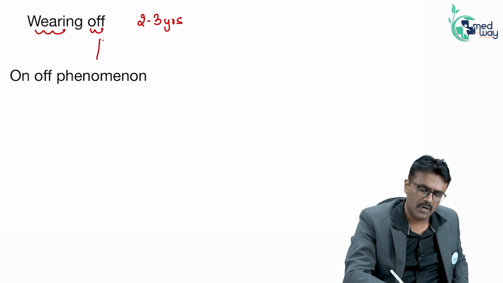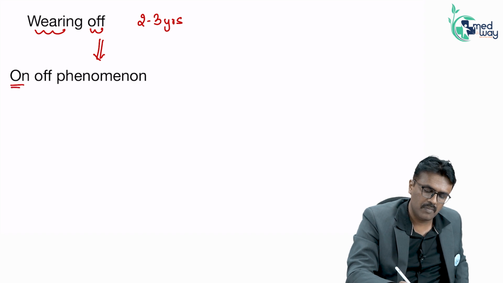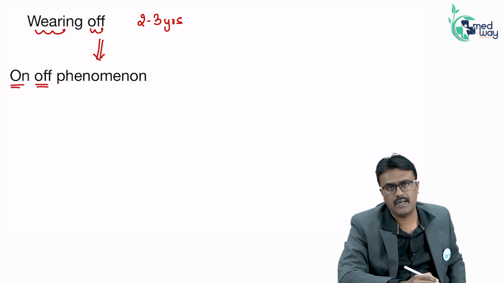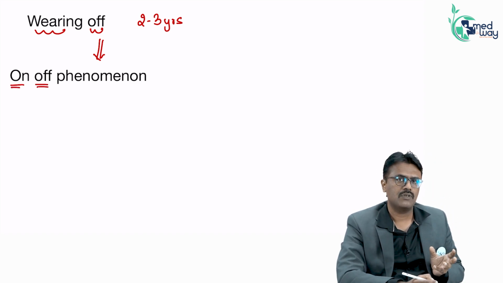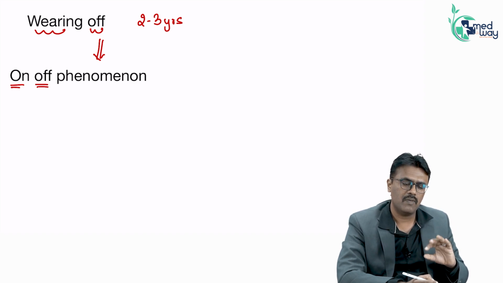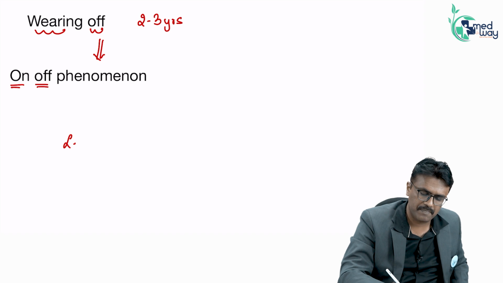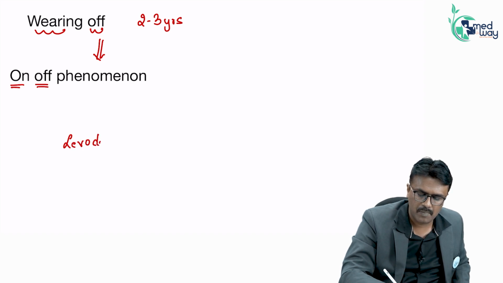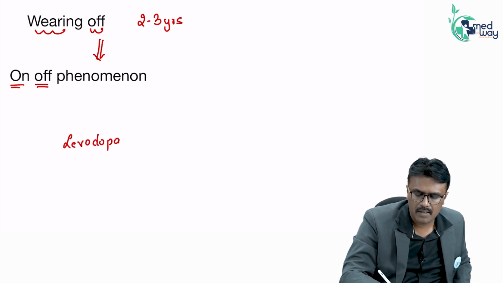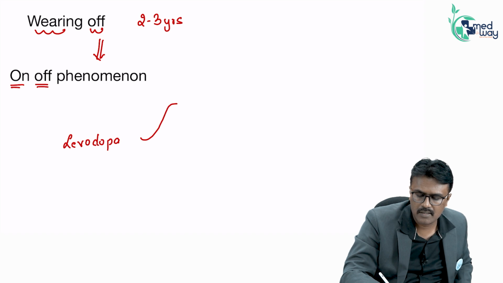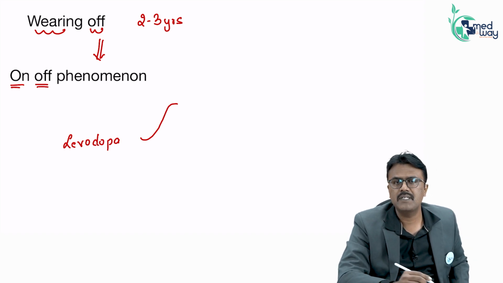Now, there are two phenomena you have to understand: on phenomenon and off phenomenon. What is it, sir? The neurons have stopped having the capacity to store and release dopamine. What happens whenever I give levodopa? Levodopa increases in the brain, that means it increases the dopamine.